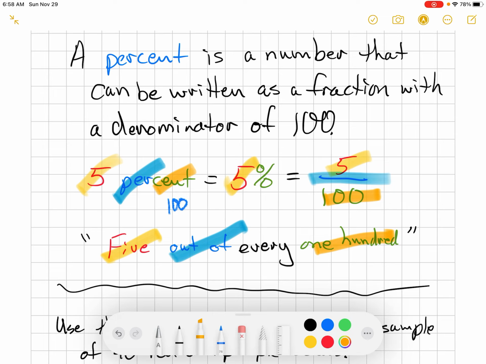Now look at that 5% sign right here. I don't know if you notice it, but it does look like there's a 100 in there, doesn't it? A fraction and 100, right? That's kind of an interesting thought process. I wonder if that's why it looks like that. Who knows, right? So 5 per 100, and I'm just going to really hammer that: 5 per 100.